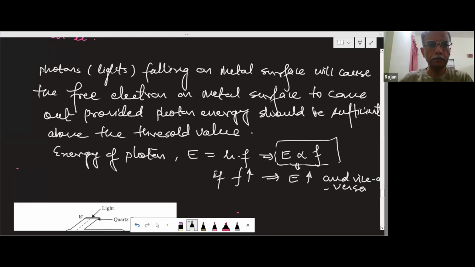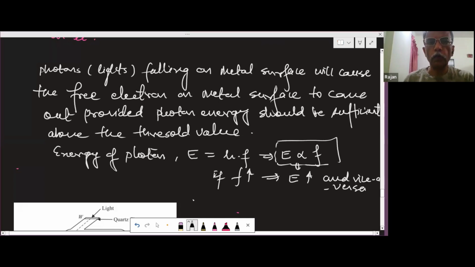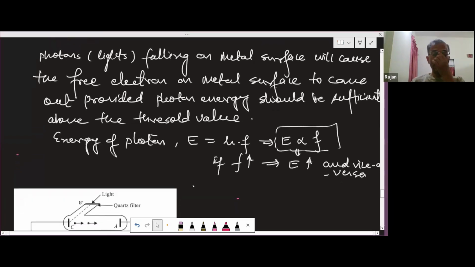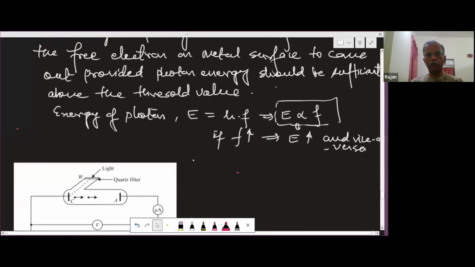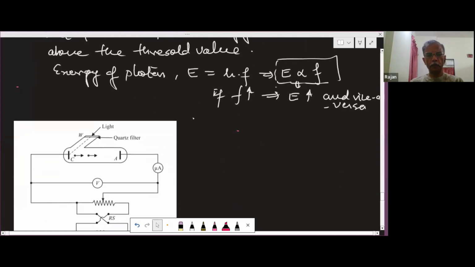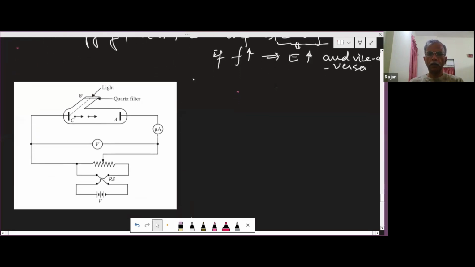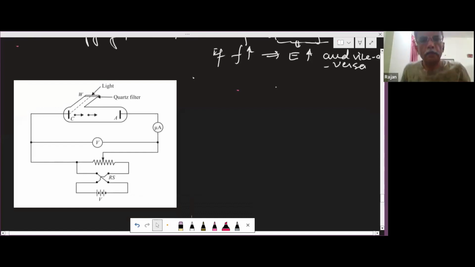So we'll go further. Now the next point we are talking about: each photon liberates one electron. One photon, one electron. That is the relation between them. We have an experimental setup to understand the same, so that also we'll discuss in brief.